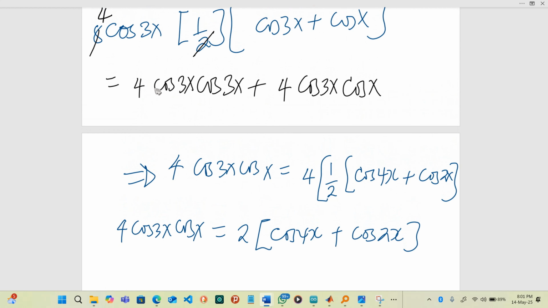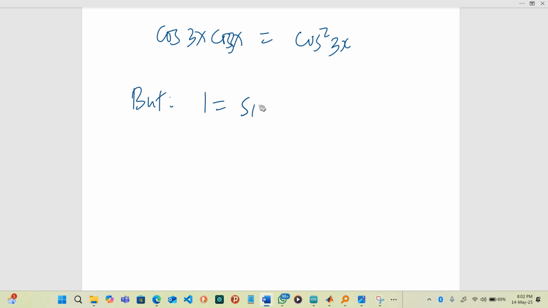So we are remaining with also handling this component. So again, we know if we have cos 3x times cos 3x, this is the same as cos squared 3x. But we know that 1 is equal to sine squared 3x plus cos squared 3x. So that means I can as well look at this problem. Let us look at how do we eliminate this sine squared.